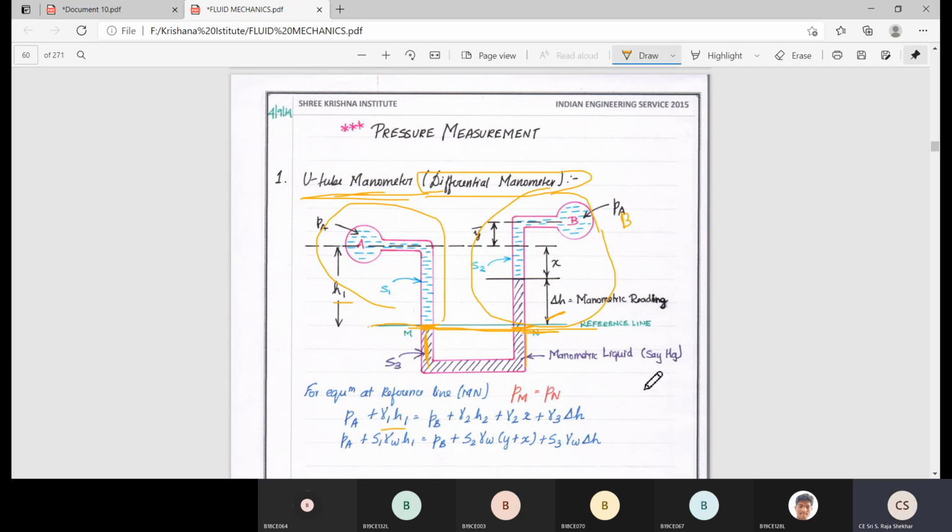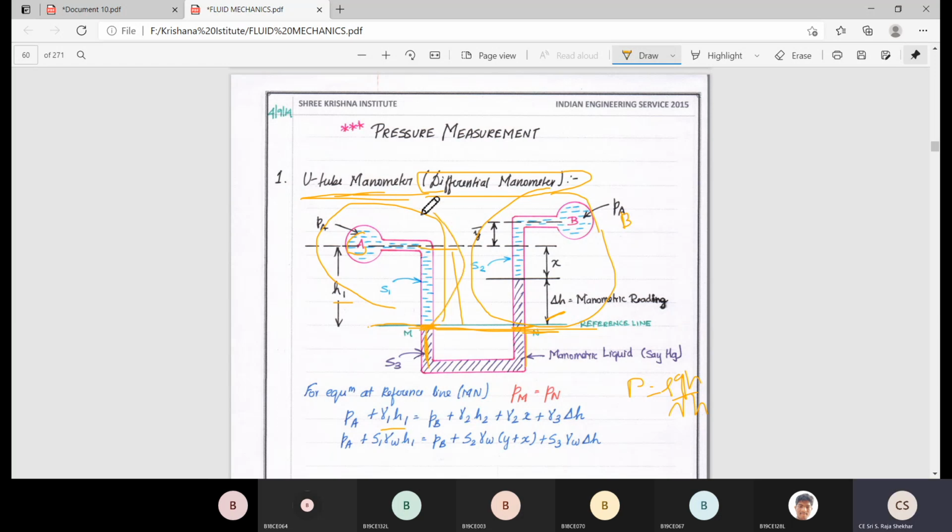Pressure P is equal to rho g h, so rho g we can write as unit weight. So pressure is equal to unit weight into height. So pressure in pipe is PA plus rho g into h1. This density is rho 1, specific gravity is S1, so the unit weight is gamma 1. So here gamma 1 into h1.